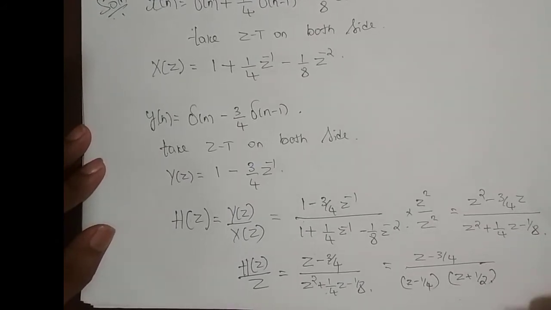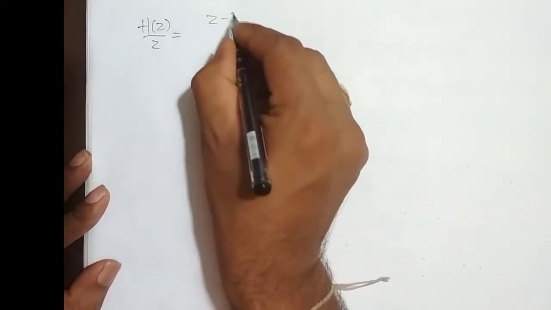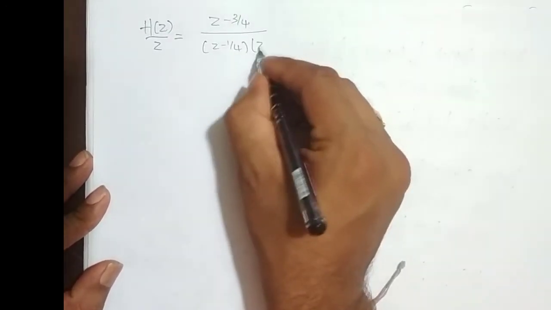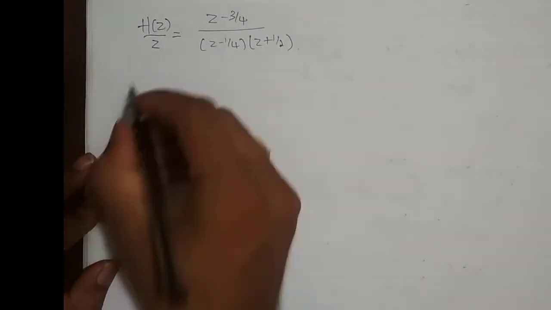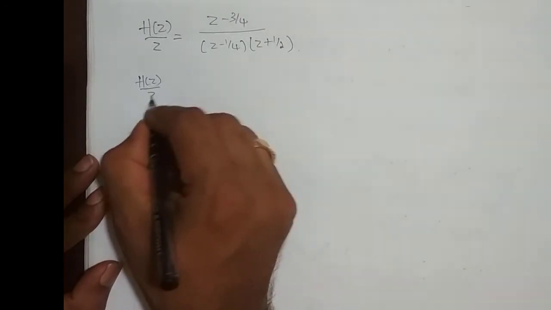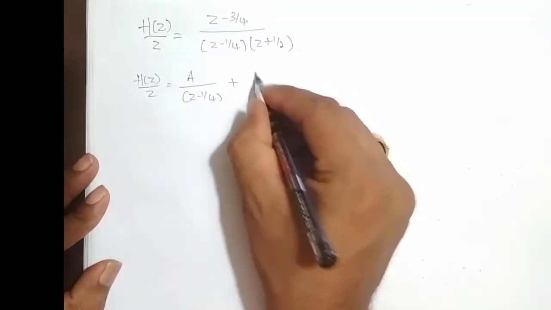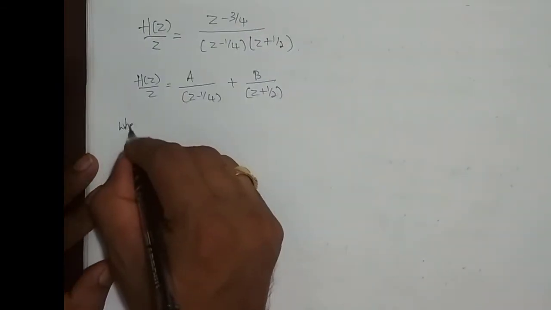I need to perform the partial fraction expansion. So what do we have? H of z by z is equal to the numerator z minus 3 by 4, divided by the denominator z minus 1 by 4 into z plus 1 by 2. So h of z by z is equal to a divided by z minus 1 by 4, plus b divided by z plus 1 by 2. What is the formula to find a and b?